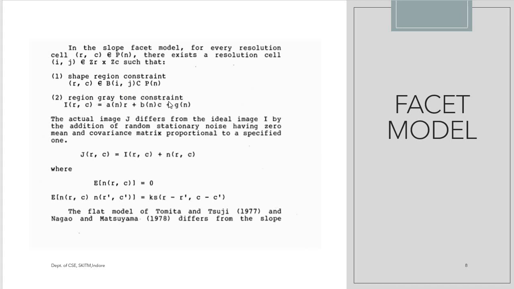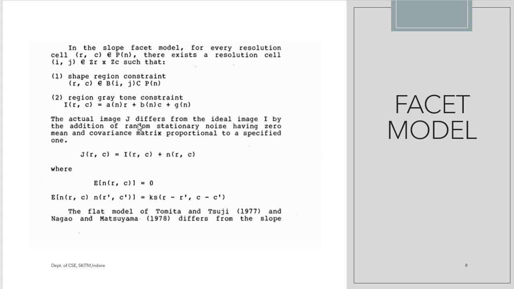Then the region gray tone constraint: intensity I of R comma C equals An into R plus Bn into C plus Gn, where R is the row and C is the column.